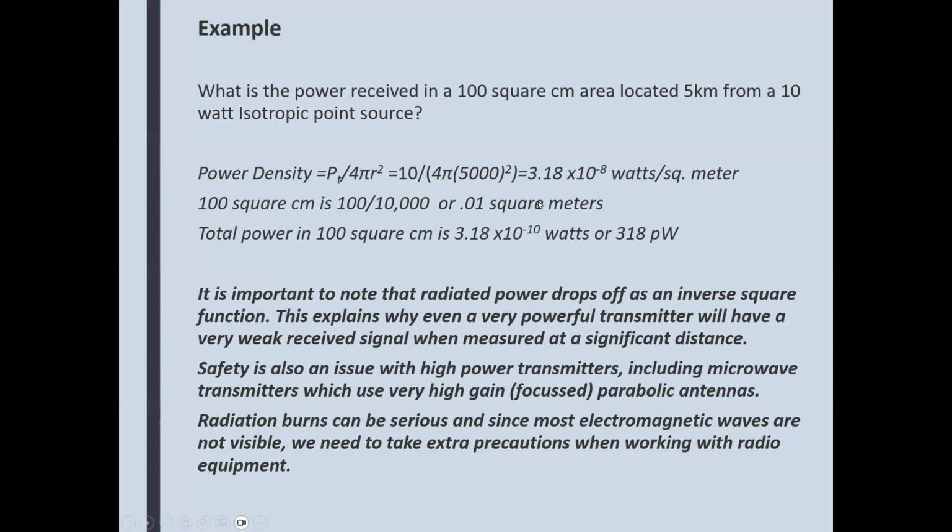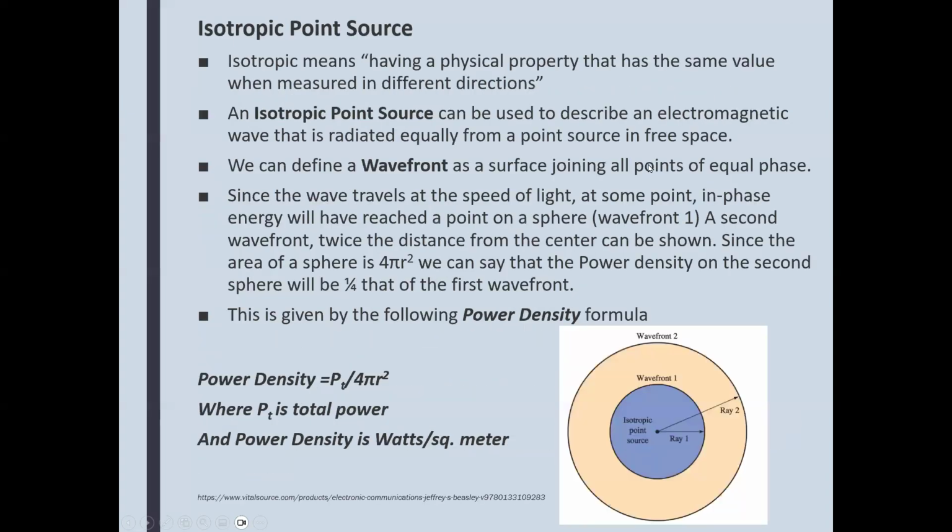You look at that, and then we consider that we want to get the unit. All right, go back here. The power density is measured in the unit of watts per square meter. That's important. Watts per square meter.